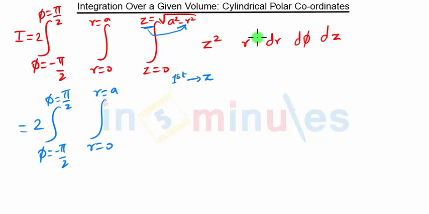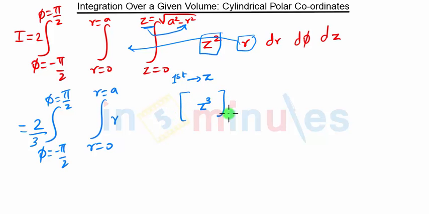When we integrate first with respect to z, r is constant, so we can take r out. And the integration of z square is nothing but z cube upon 3, and here we apply the lower limit and upper limit of z, into d phi.